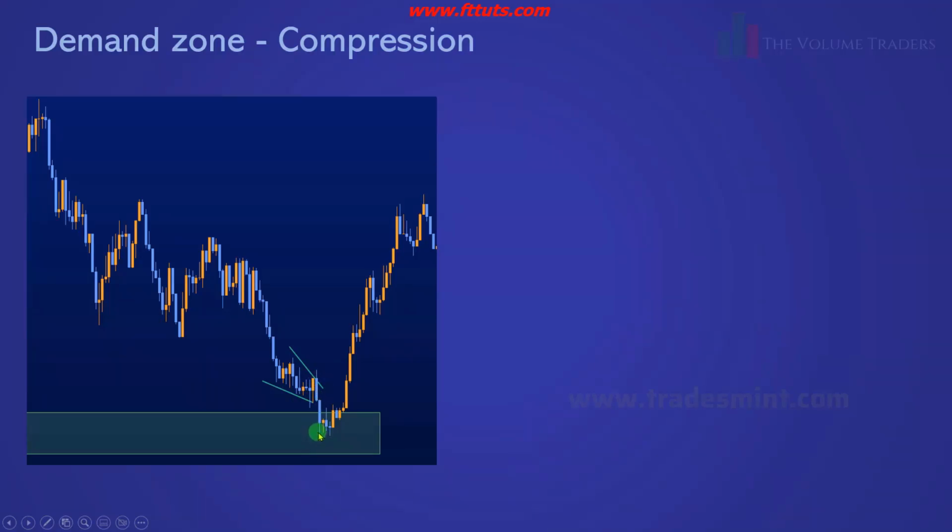I call this final push, or final move to the zone, for a reversal. So very similar to the pattern of support. It's just price doing something before the final filling of the orders. In this case, buy limit orders. So passive buyers.